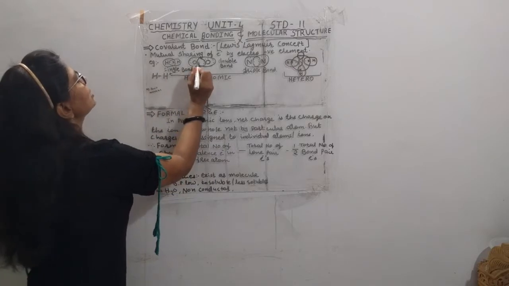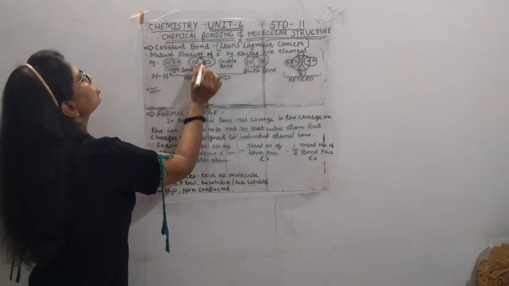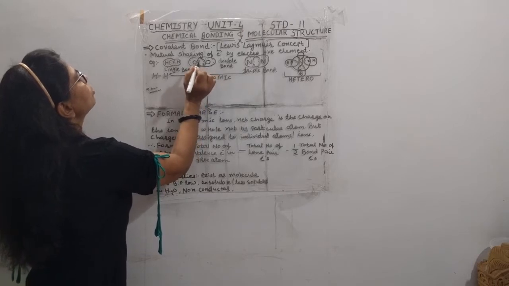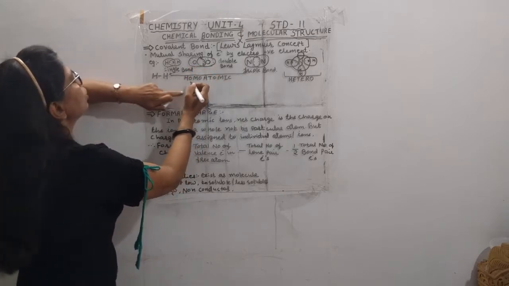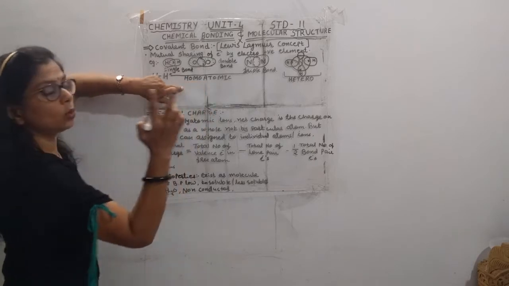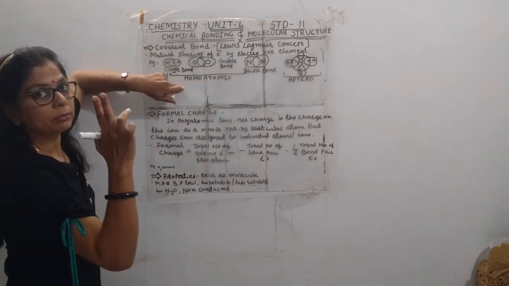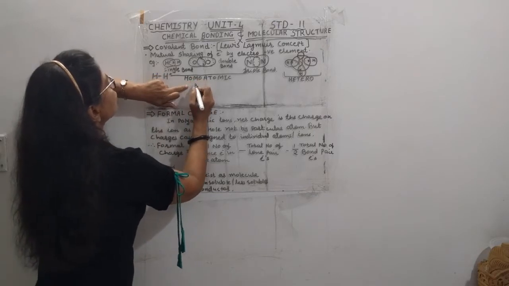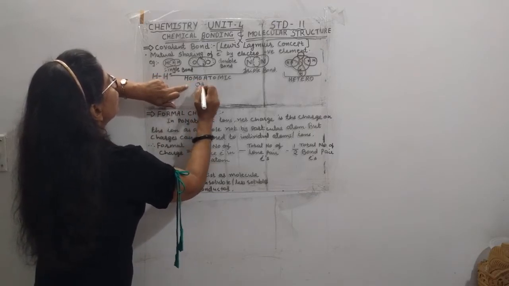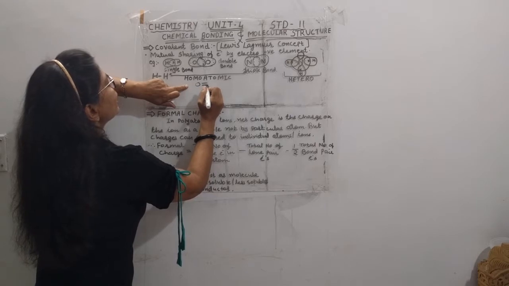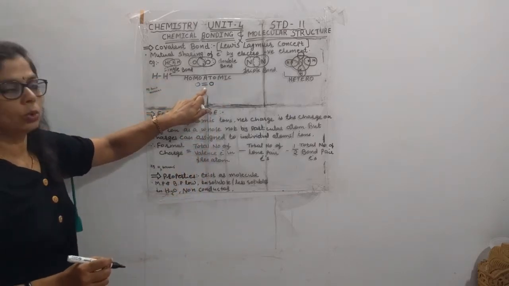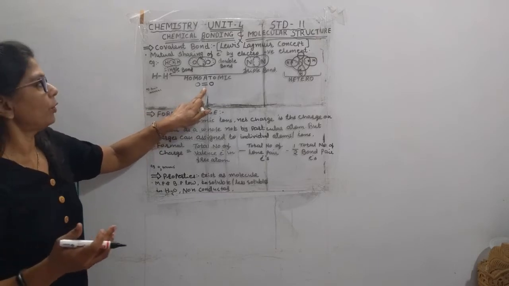So here you can see, student, there are 2 electrons from this side and 2 electrons from this side. So here you have 2 bonding pairs shared by one another, which we show as a double bond. So this is known as a double bond.